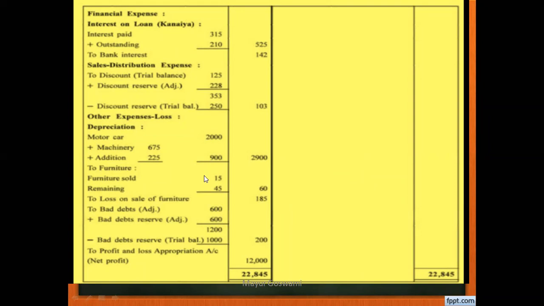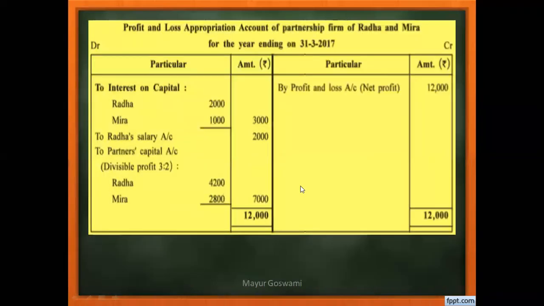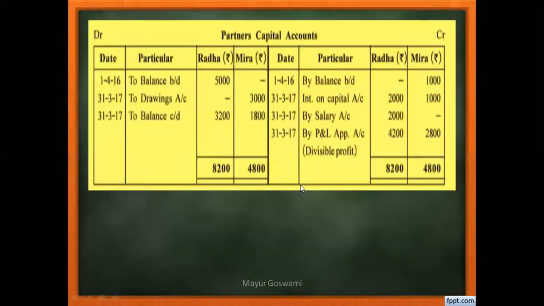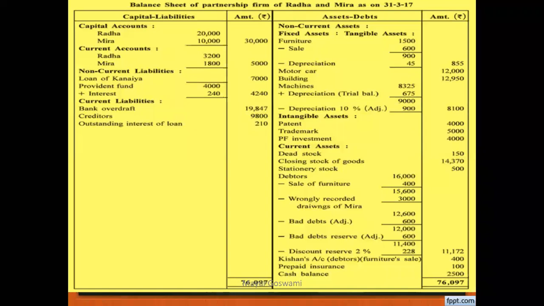Now fifth adjustment, provide 5% depreciation on furniture. So on the old, that is furniture sold, depreciation we have already calculated. So only on the remaining furniture depreciation is left. So in the opening balance of furniture we have 1500 rupees.